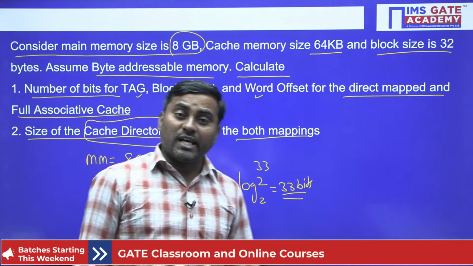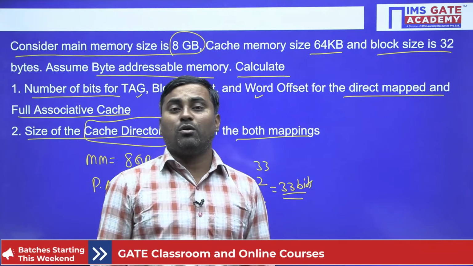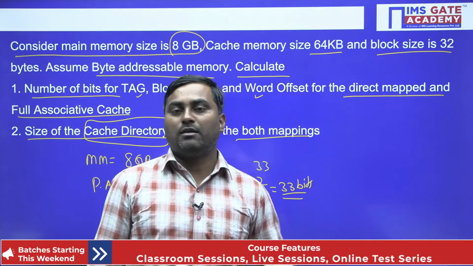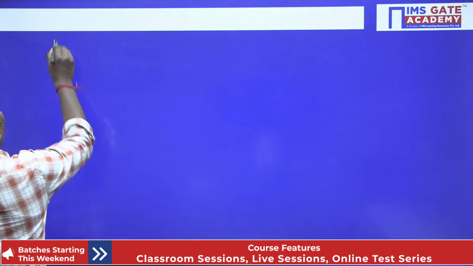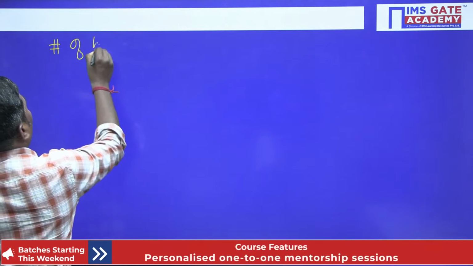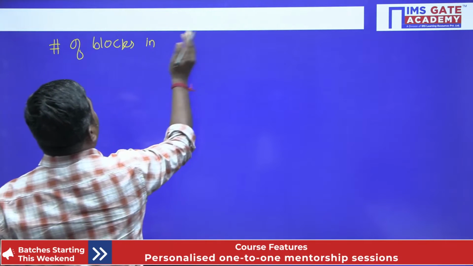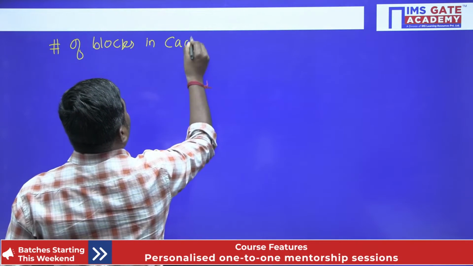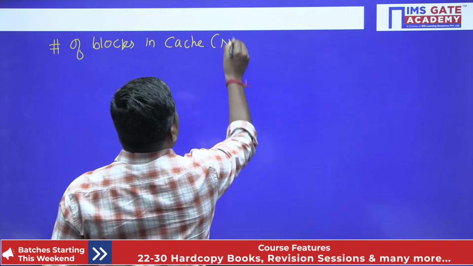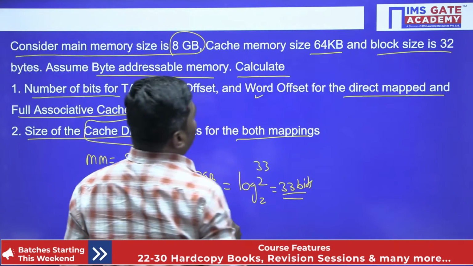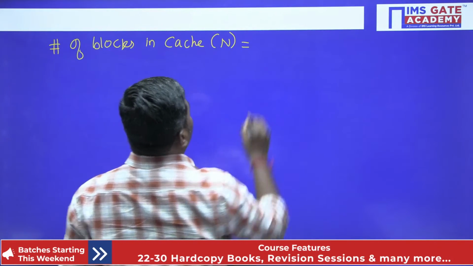In case of direct mapping, if you want to find out block number or tag number, anything, we need the number of blocks, right? So first of all, we need to calculate the number of blocks in cache, which I am indicating by capital N. What is the cache size? Cache memory is 64 kilobytes.